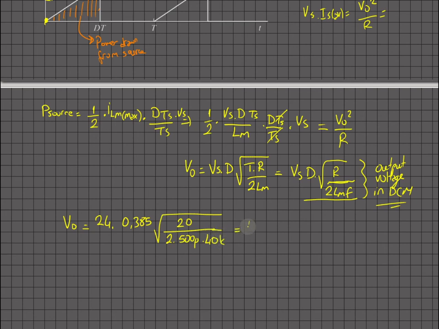If you do that, you will find 6.53 volts. So the output voltage, remember in the previous case, increased from 5 volts to 6.53 volts.